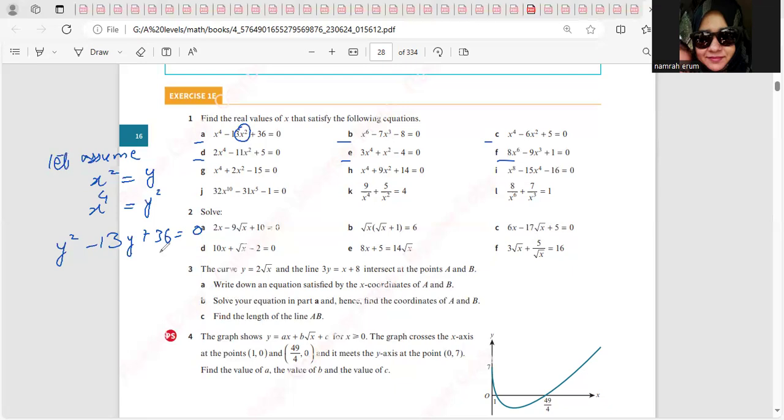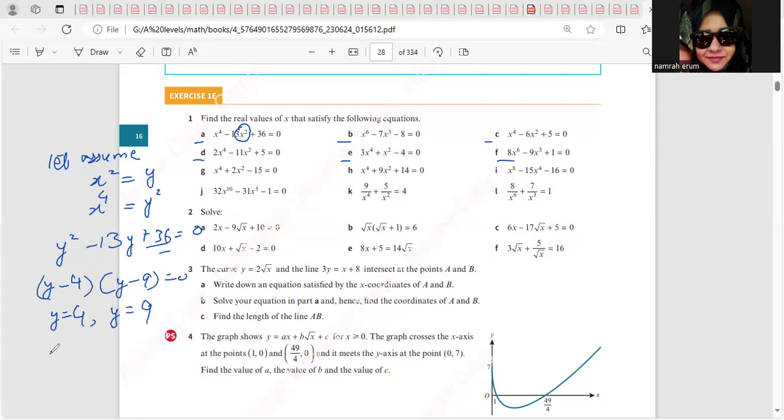And then you can simply factorize it. Two numbers that multiply to 36 and add to give negative 13: minus 9 and minus 4. So (y minus 4)(y minus 9) is equal to 0. y is equal to 4, y is equal to 9.